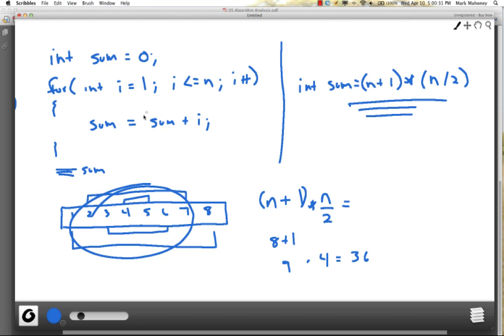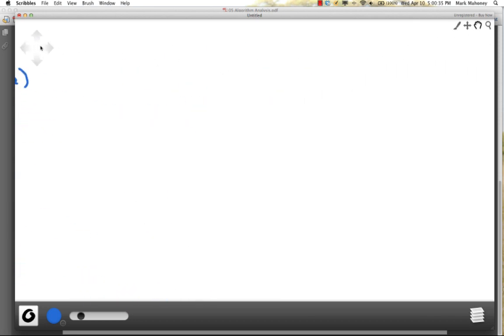Okay, let me give you another example. Let's say we wanted to search through a list of sorted numbers. Okay. Well, one thing we could do is we can use linear search. This basically just says start at the beginning and look for a particular item. And if we find it, great.